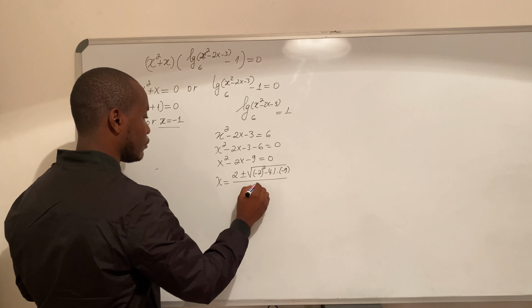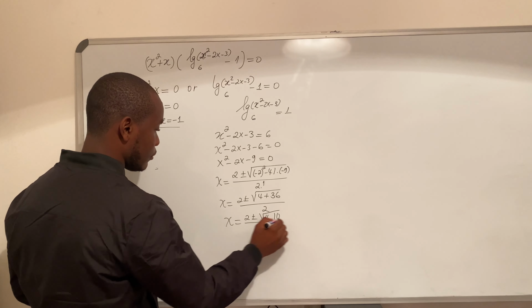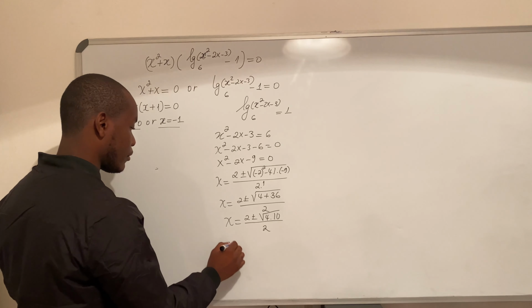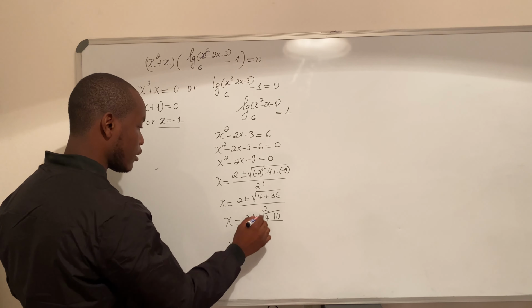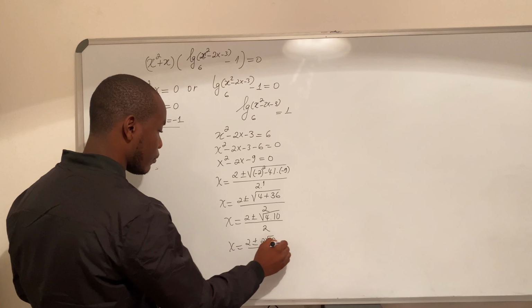Over 2, x is 2 plus or minus square root of 4 plus 36, which is 40, and 40 we can write as 4 times 10, over 2. X will be 2 plus or minus. Square root of 4 is 2, square root of 10, over 2.